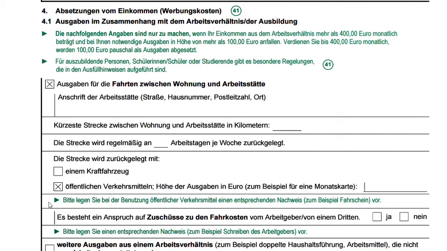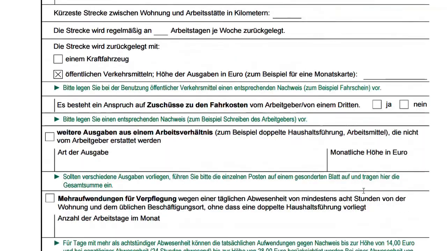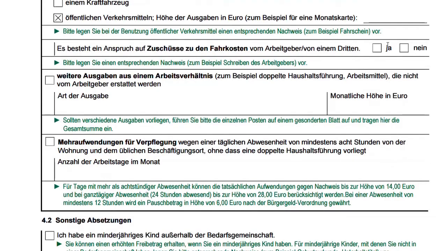If he or she uses public transportation to go to work, then you should provide to the job center a copy of the monthly ticket of this person. If he or she has the right to get money or grants from his or her employer or a third party for his travel costs to work, then you mark yes with a cross.